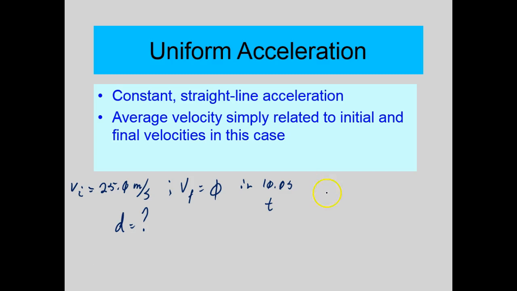So your average speed, V bar, is equal to 25.0 meters per second plus 0 meters per second, divided by 2, is 12.5. What units? Meters per second. When you add or subtract, you don't change the units. 12.5 meters per second.